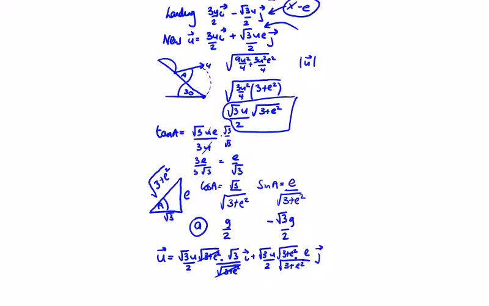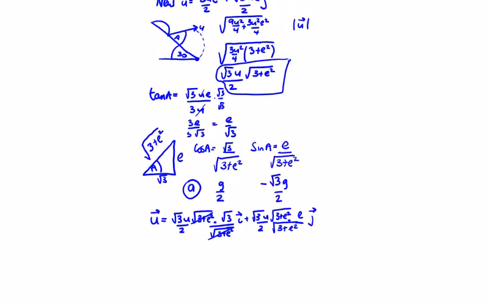Tidying this up, it looks like we're going to get 3u over 2 in the i direction, and then plus root 3 eu over 2 in the j direction.